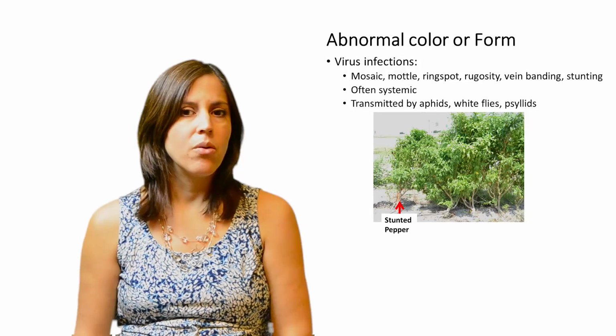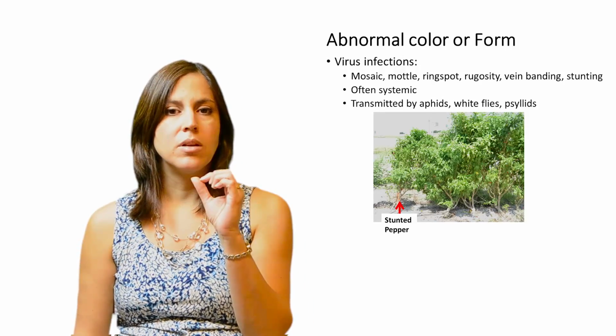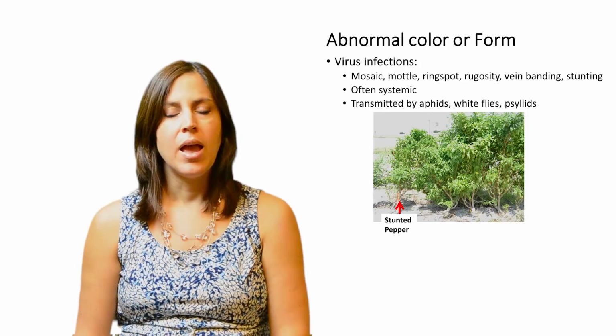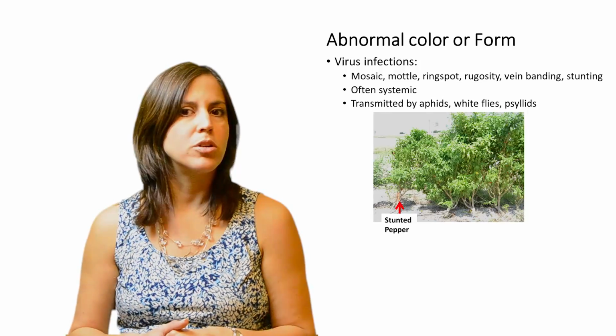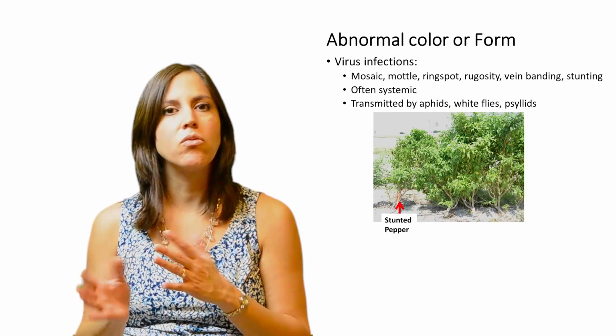In this slide, what I'm pointing out is a stunted pepper plant. I went to the field last week and visited jalapeno peppers, and they were looking for some sort of resistance to viruses.